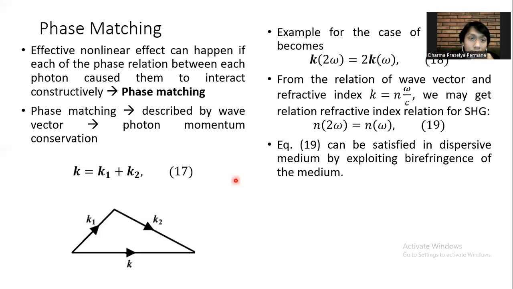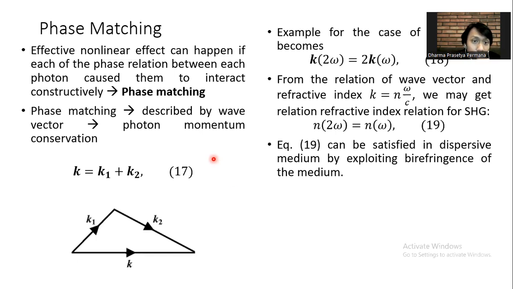Okay, so this is what I mentioned before about phase matching. Phase matching determines which nonlinear interaction happens inside the same second order nonlinear material. Not only second order, but phase matching also happens in third order materials. Phase matching is basically the momentum conservation relation of the photons. When the photons interact with each other, they produce what we call constructive interference when they are phase matched.